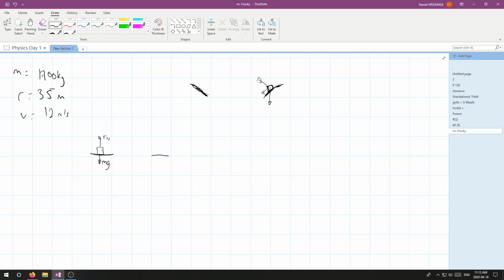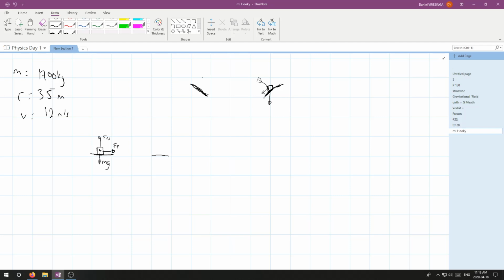There will be some sort of friction that holds. It'll want to slip off the track this way, to the left, correct? But the friction will have to hold it in like that. So we'll call that our friction. And those are the three forces on this truck or this car.